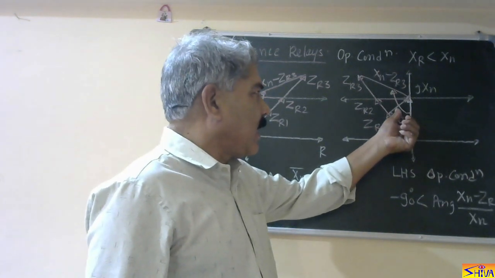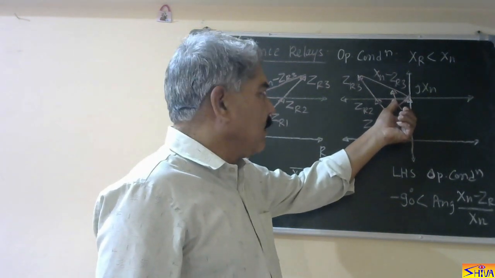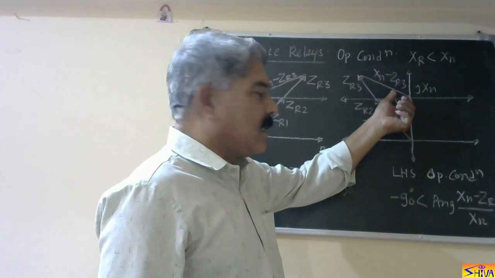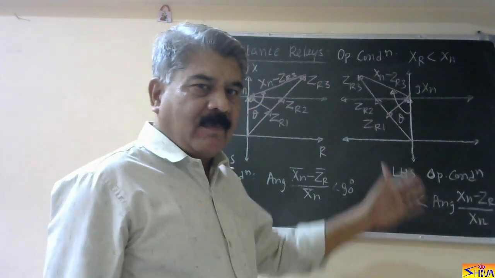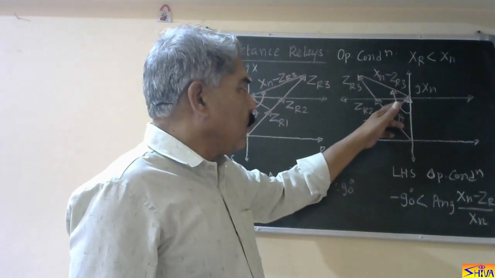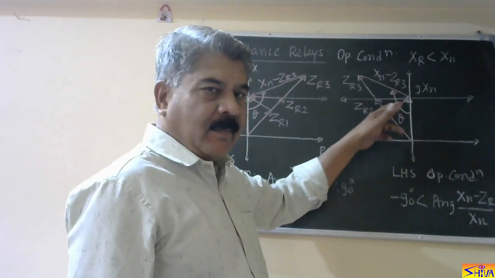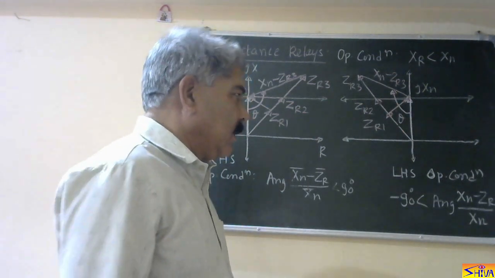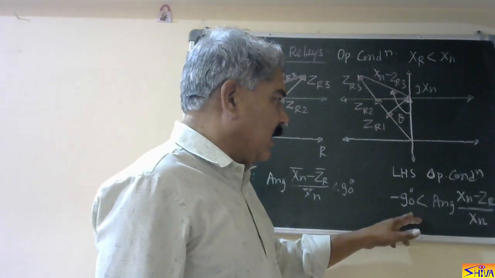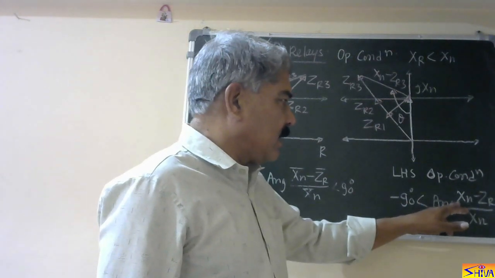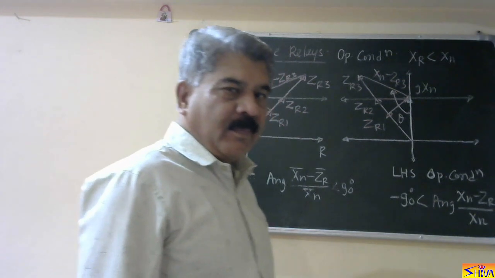Theta 2 is equal to minus 90 degrees. Theta 3 is less than minus 90 degrees; magnitude wise it will be somewhere around 120 degrees, so considering the negative sign, it is less than minus 90 degrees. So on the left hand side of this plane, the operating condition is that minus 90 degrees should be less than the angle of Xn minus Zr with respect to Xn.